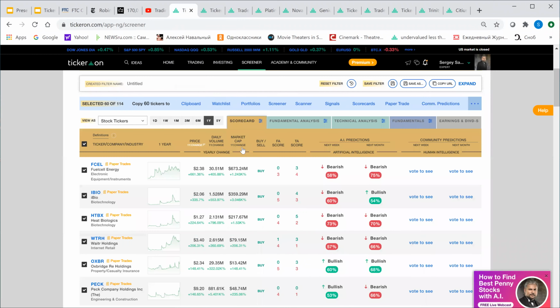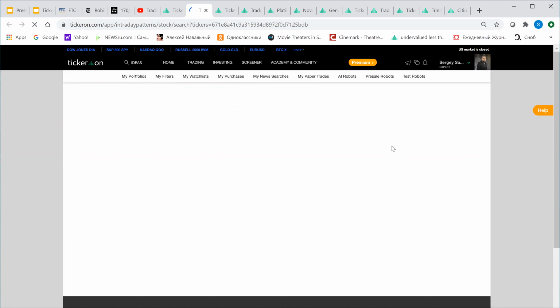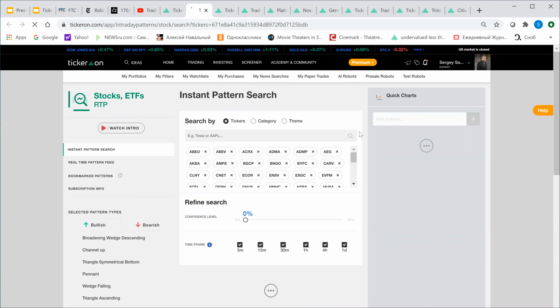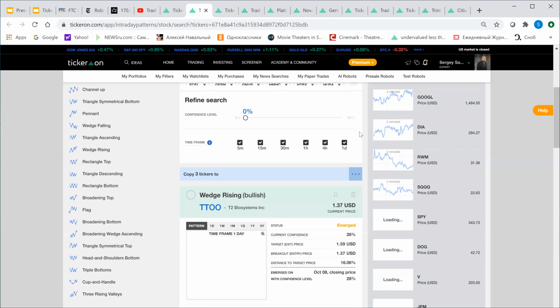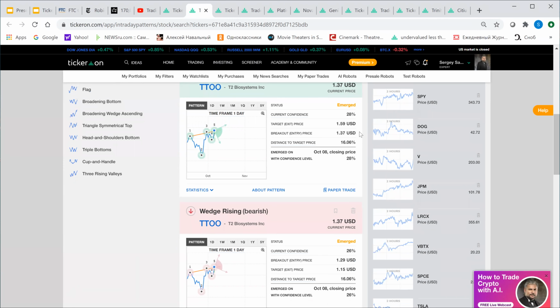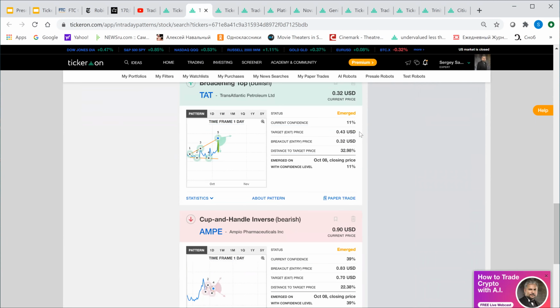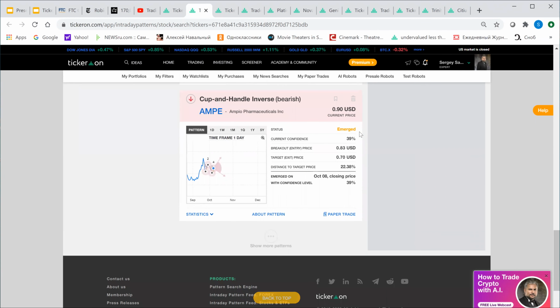And looking at the screener and moving the screener to the pattern search engine, or you can also move it to the real-time patterns. So with instant pattern search, you see, now we can find the patterns for the short-term price actions for that group which we extracted in the screener.